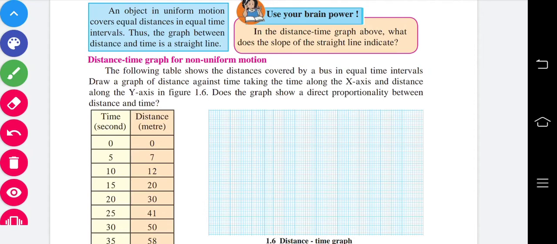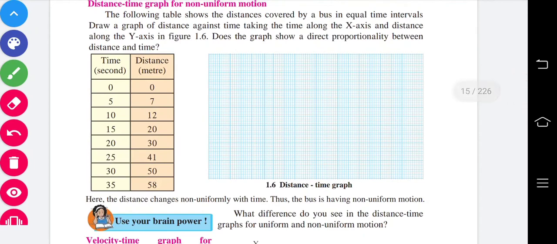In figure 1.6, the graph shows the relation between time and distance. So in this graph, here is the time on the x-axis. First of all, here is 5, here is 10.